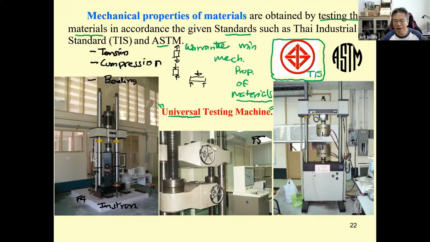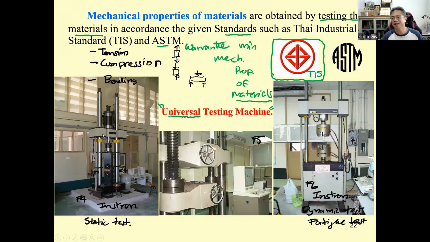And the last one, in the F6 building, is also an Instron machine. This one can do the dynamic test. Dynamic tests can do what is called fatigue. We will talk about fatigue tests later. But for the other machine, usually it can do only static tests. This one costs about 8 million baht, double the price of the previous one.